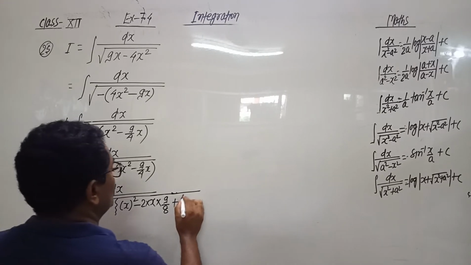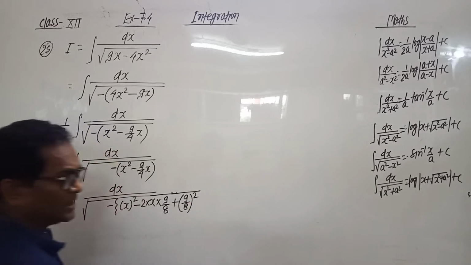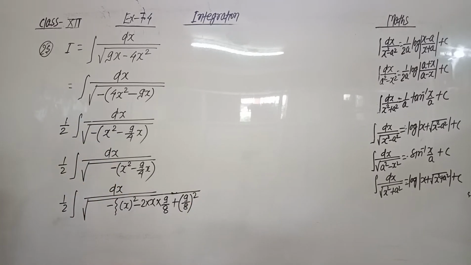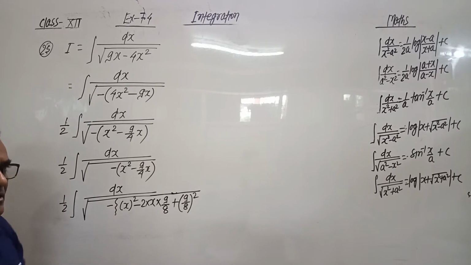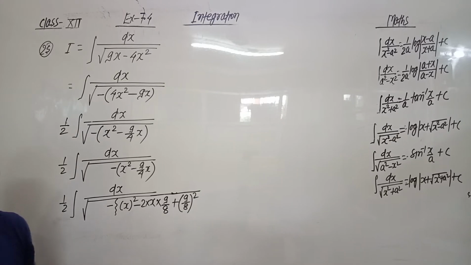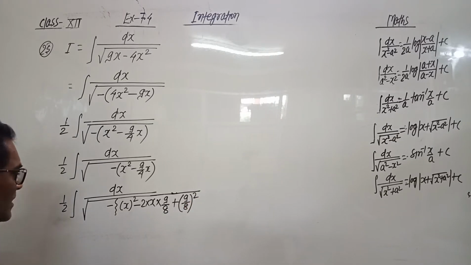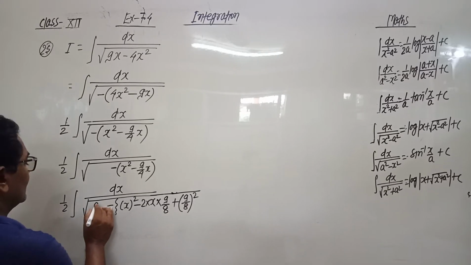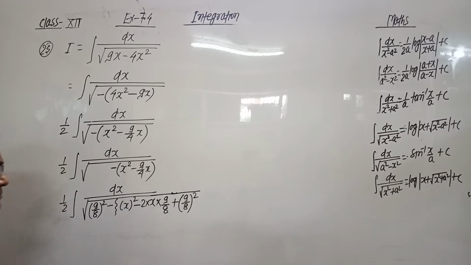Then we have to write b square. b square means 9 by 8 the whole square. So 9 by 8 the whole square. Outside there is minus sign, means 9 by 8 the whole square is subtracted. To remove 9 by 8 the whole square, we will have to add 9 by 8 the whole square.